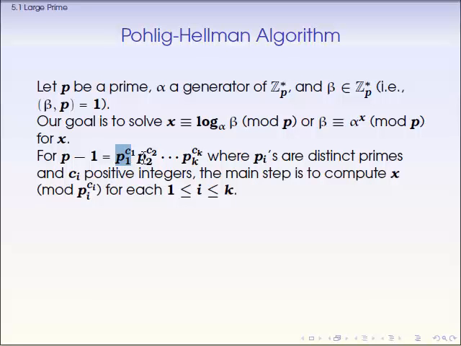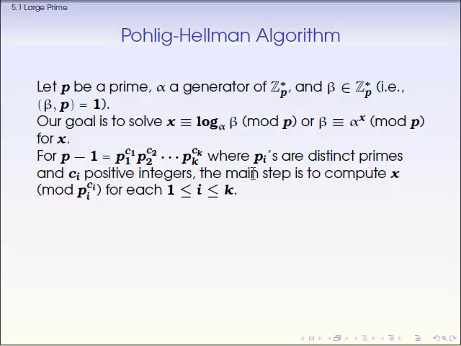But we don't know how many factors we have for that number. So let's just pretend p minus 1 is factored as p1 to the c1, p2 to the c2, and up to that much. Clearly these pi's are distinct primes, and the ci's are positive integers.